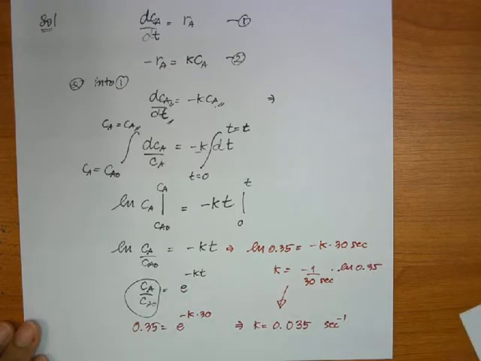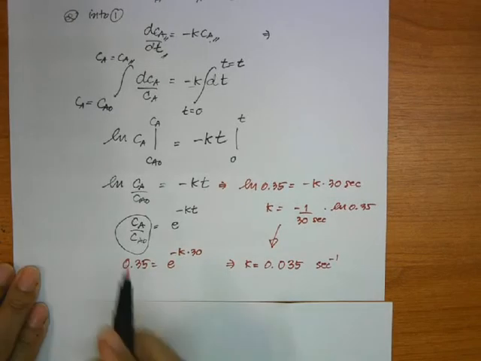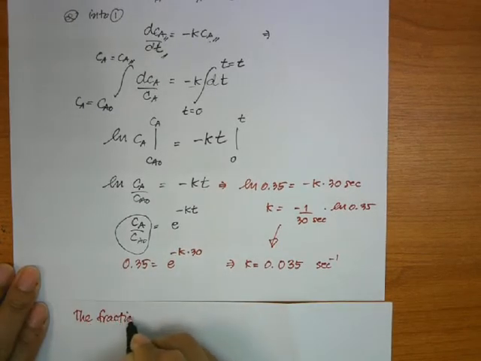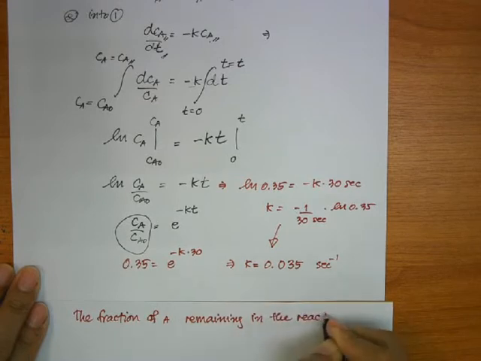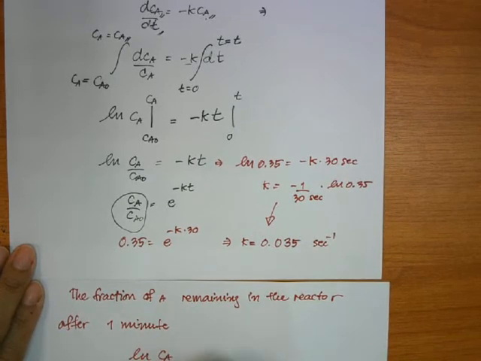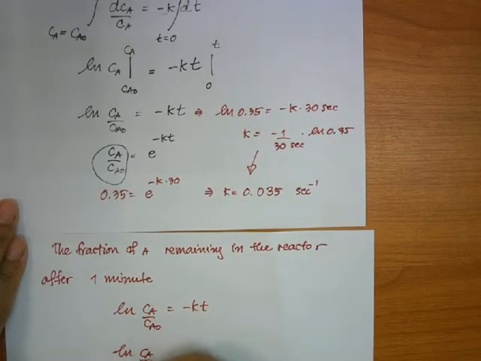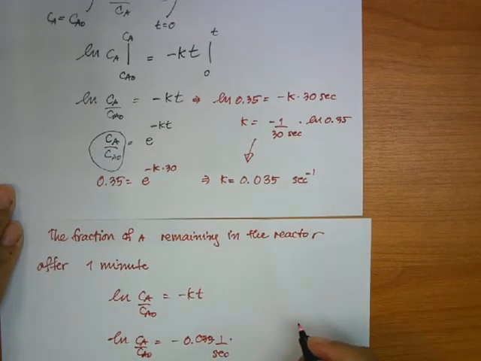Now you know k already, right? So the fraction of A remaining in the reactor after 1 minute is equal to... 1 minute is equal to what seconds? 60 seconds.